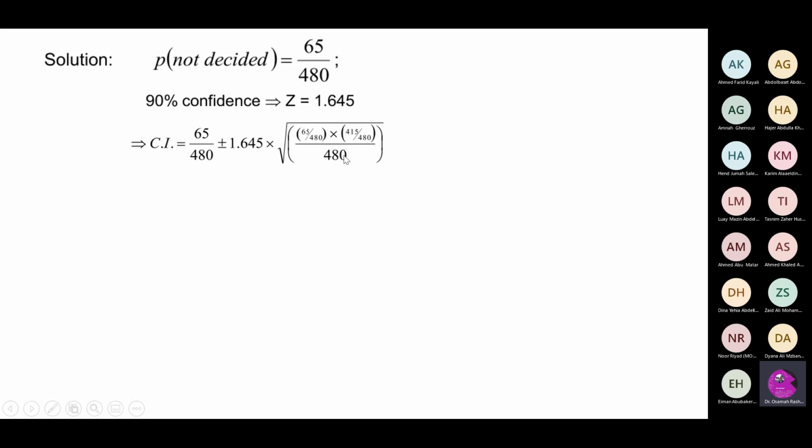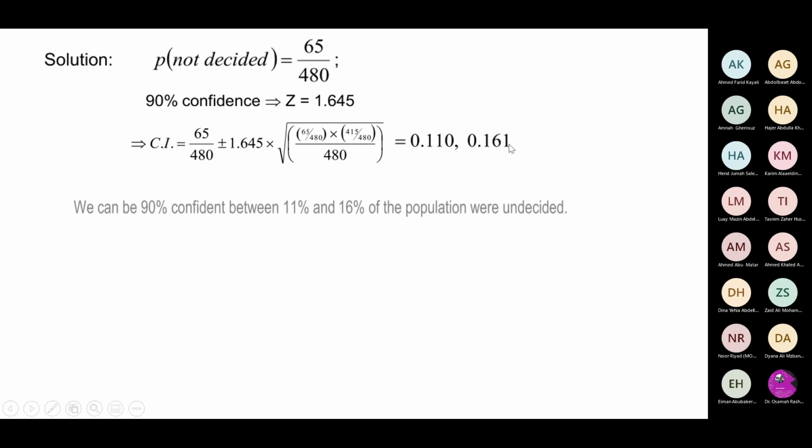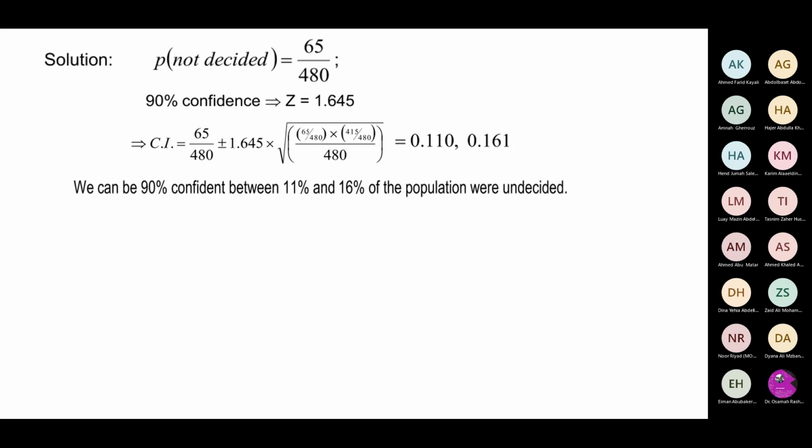N is the sample size, which is 480. This is the confidence interval for the proportion. So the proportion of undecided will lie between 11% and 16.1%, right? We are 90% confident from this result, right?